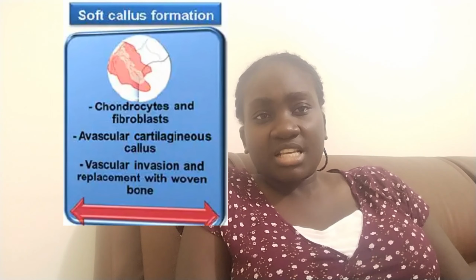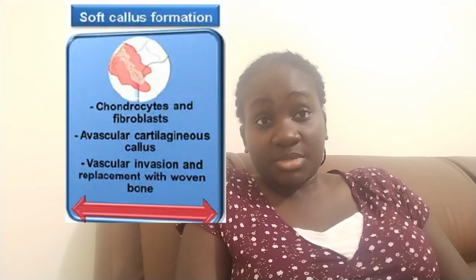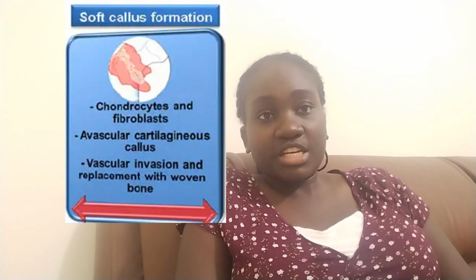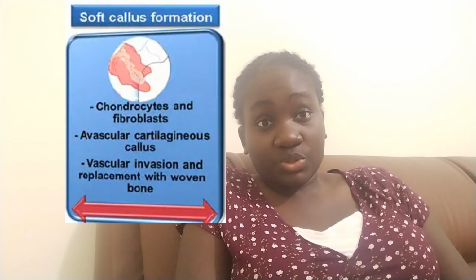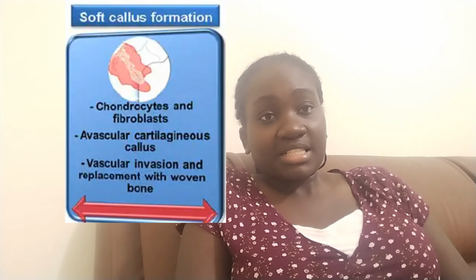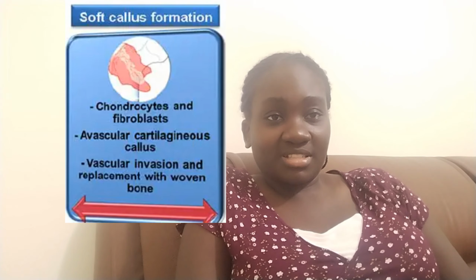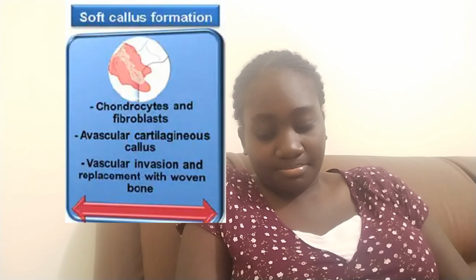And that's why we head to the callus formation stage. So we realize that the differentiating stem cells provide chondrogenic and osteogenic cell populations that start forming bone and cartilage in some cases.